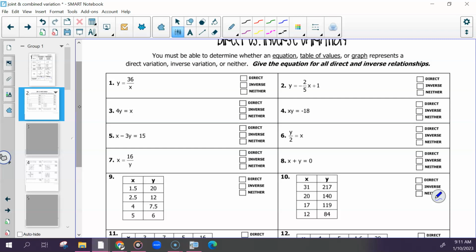Is this direct, inverse, or neither? It is inverse. And we can say it's inverse because the x is in the denominator. What about number 2?